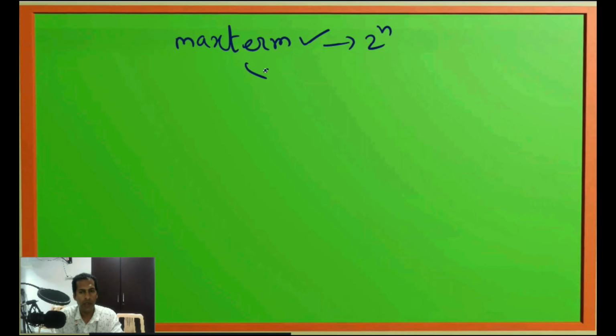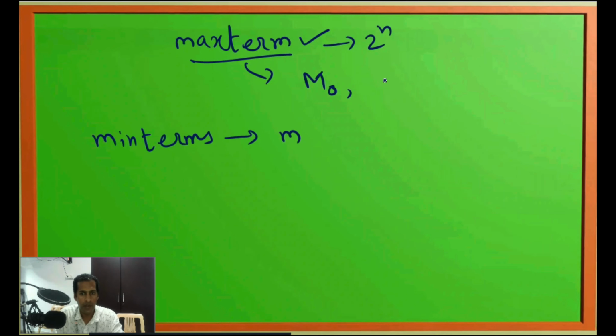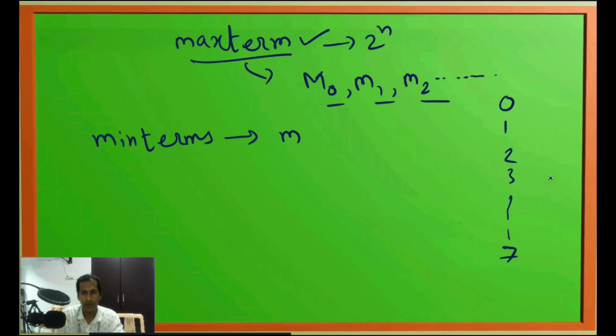Now max terms are represented by capital letters, whereas min terms were represented by small m. So max terms can be represented as M0, M1, M2 and so on. Their suffixes denote their decimal code. Say we have decimal codes from 0 to 7, that is total 8.